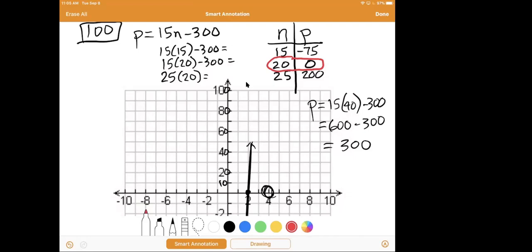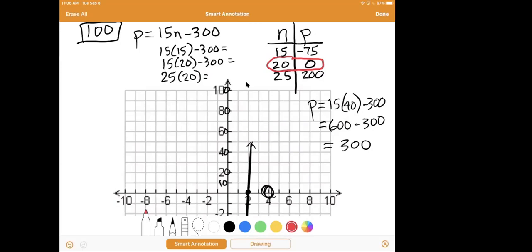So anyway, does anybody have any questions over this problem? Yeah, so when you have P equals 15 times something minus 300, you put 25 times 20. Wouldn't it be 15 times 25? Oh my gosh. Yeah, it sure would. I sure did.